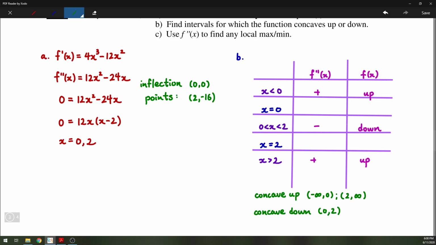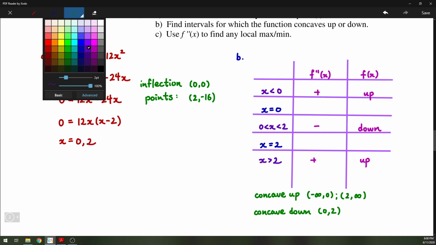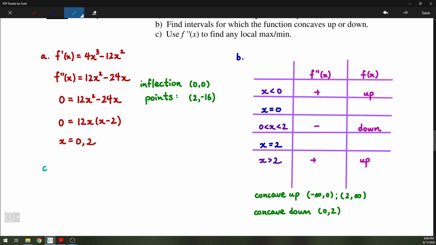All right, and then now part C. Use the second derivative to find any local maximum or minimum. So now if we let the first derivative, and that is 4x cubed minus 12x squared, equal to 0, and then we solve for x, so factor out 4x squared, left with x minus 3.